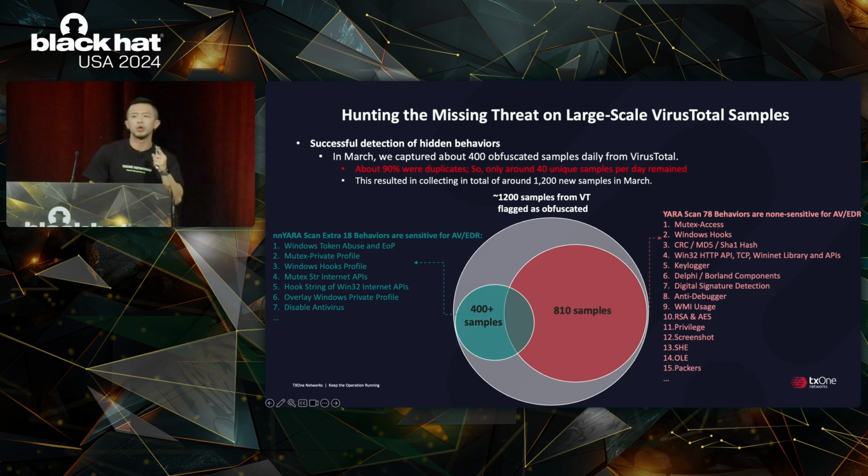And we found that if we use YARA rules directly to scan them, commercial YARA rules can recognize 78 different behaviors that are insensitive, for example keylogger, screenshot, C&C communication, or UPX packer.